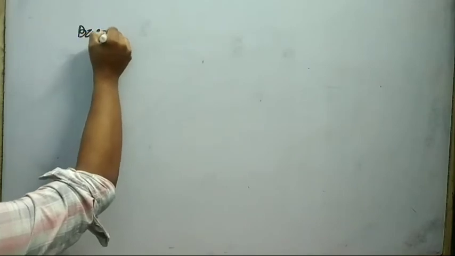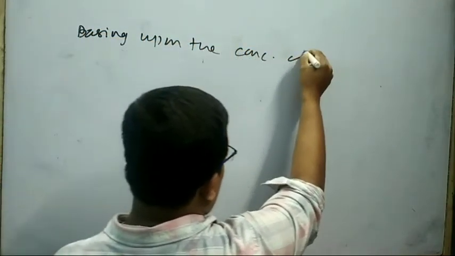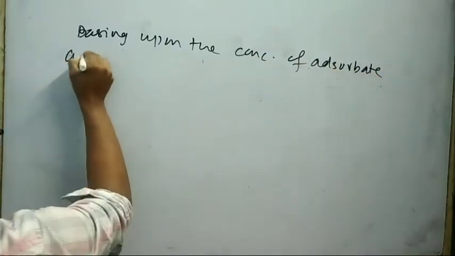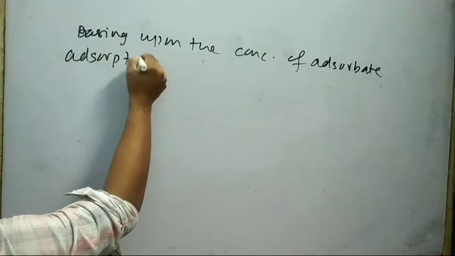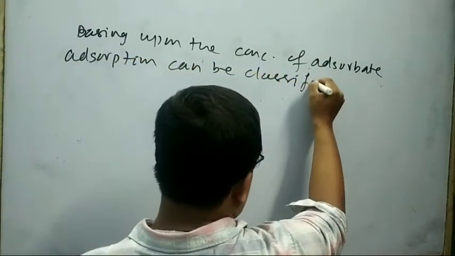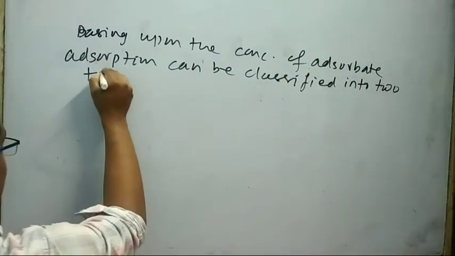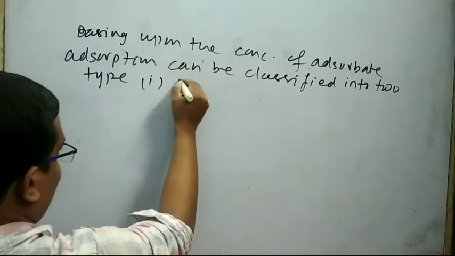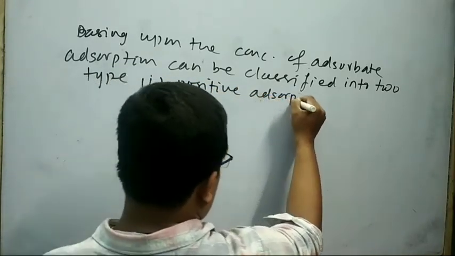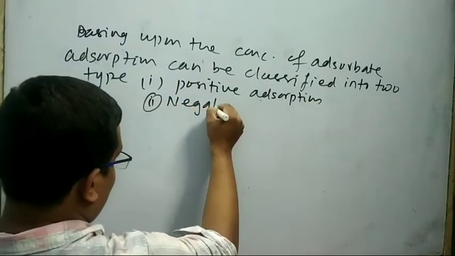Basing upon the concentration of adsorbate, adsorption can be classified into two types. Number one is positive adsorption. Number two is negative adsorption.